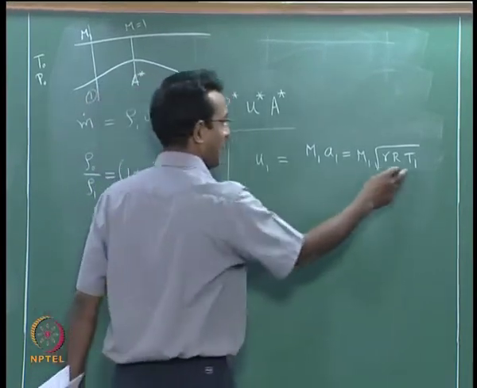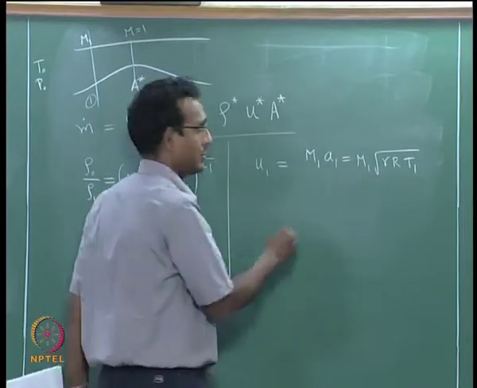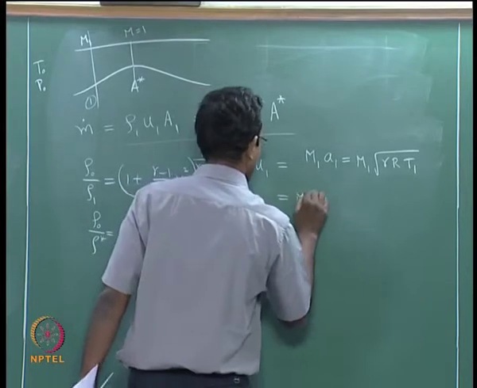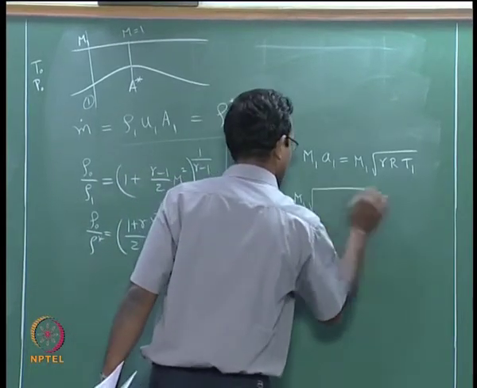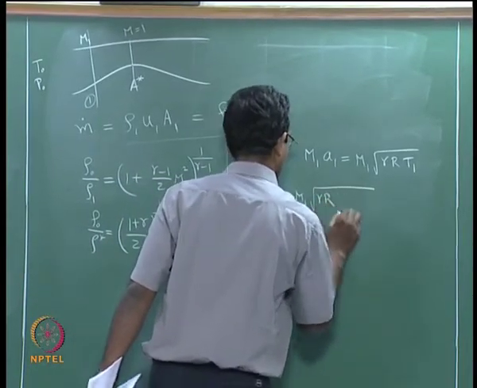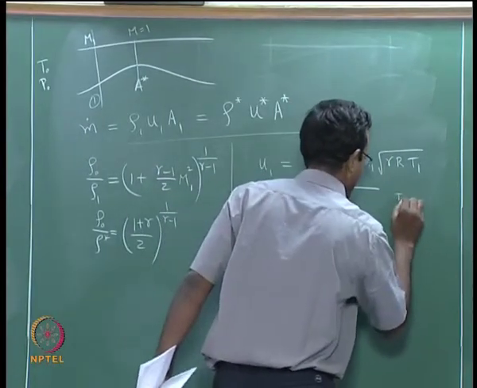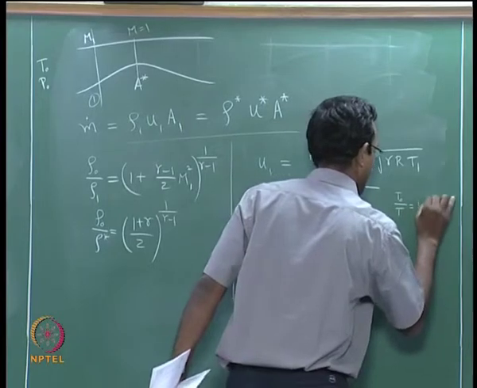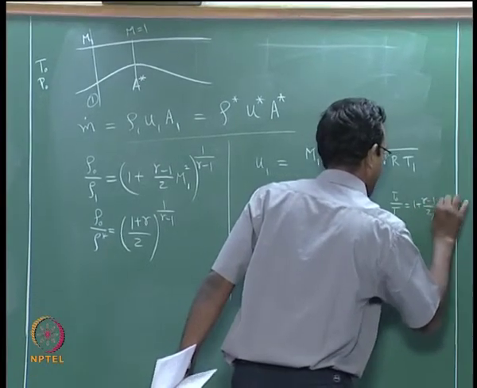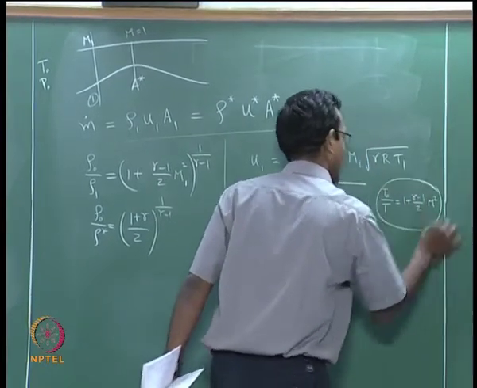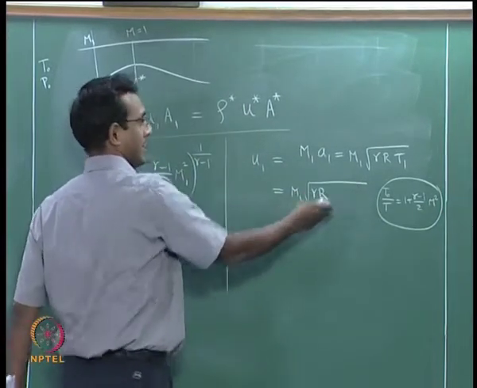Now I still have to write T1 in terms of Mach number. I will go and write a separate expression here, T naught by T equal to 1 plus gamma minus 1 by 2 M square.